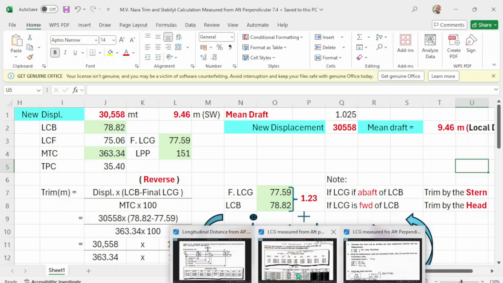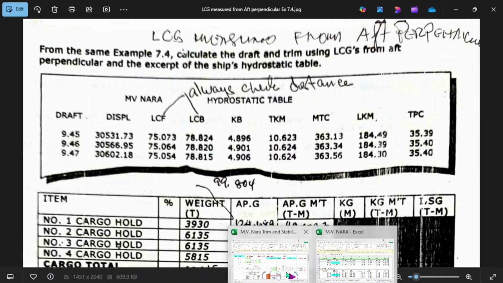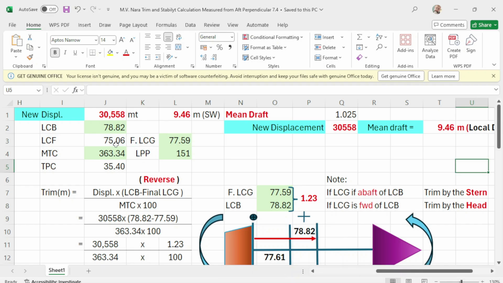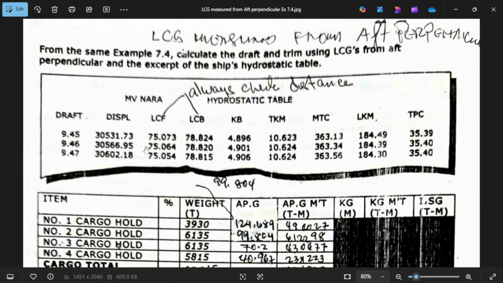LCF is 75.064, so I just put 75.06. LCF 75.06. Okay.